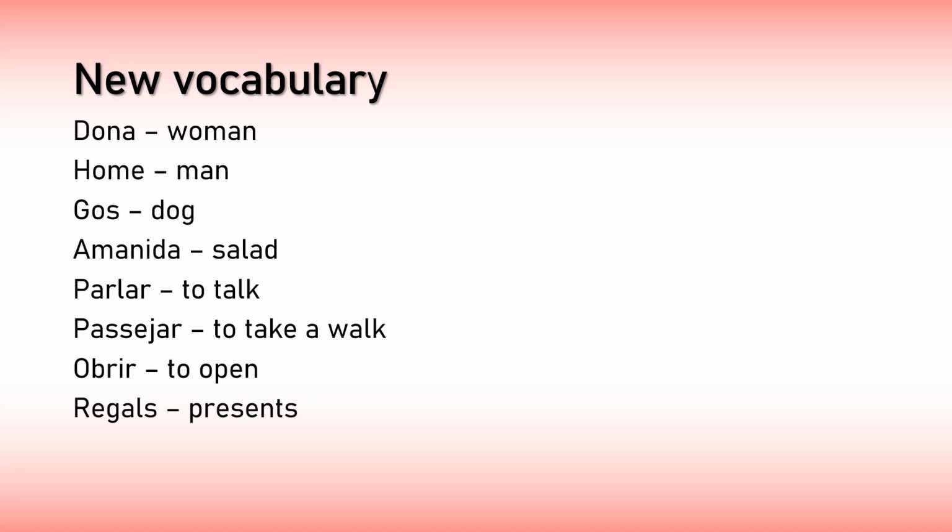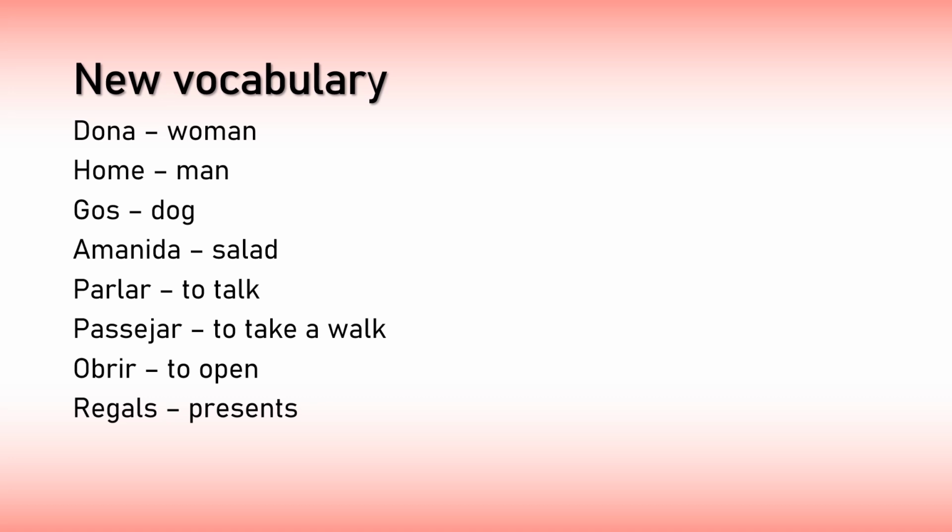Dog is gos. Salad is amanida. To talk is parlar. To take a walk is passejar. To open is obrir. And presents is regals. If you want to know how to say present in singular, then just remove the S. Regal.